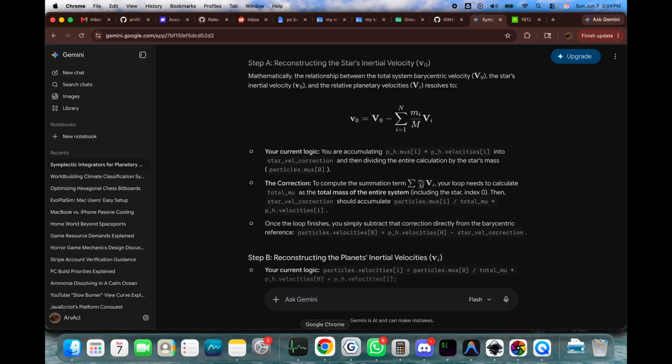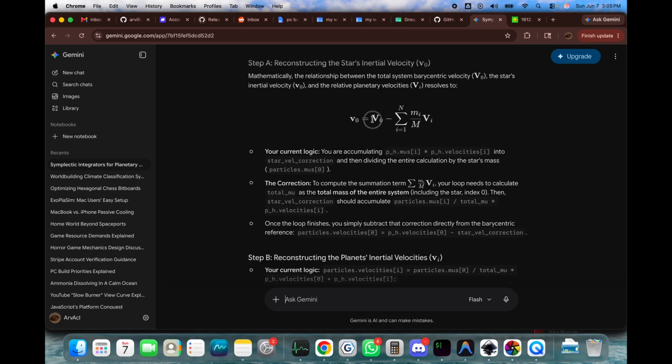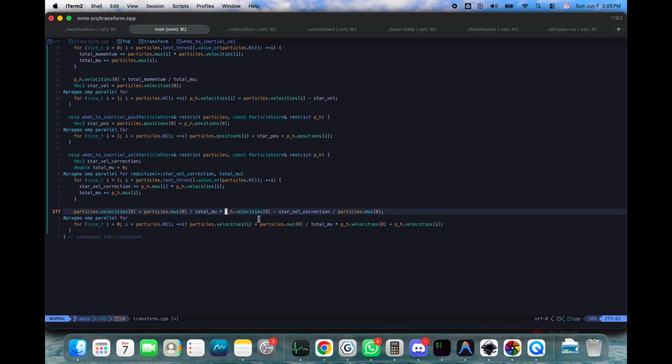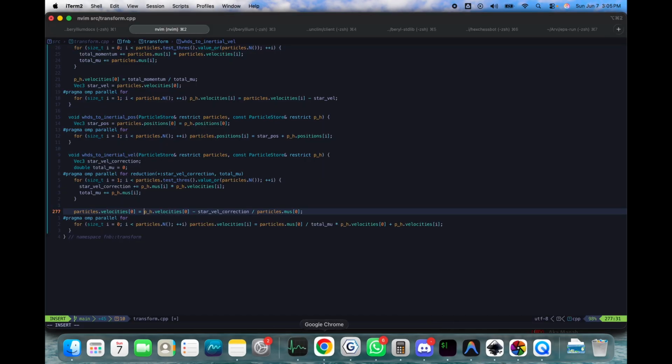Okay, this resolves to that, which is pretty clear, to be honest. Let's not overcomplicate this stuff. It's literally just going to be V0 minus that, star velocity correction, mi over total.